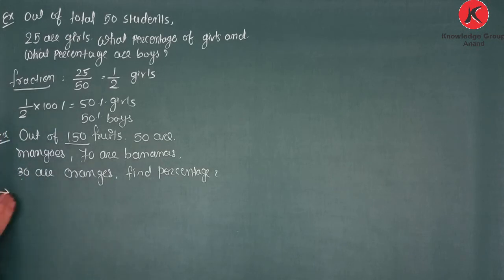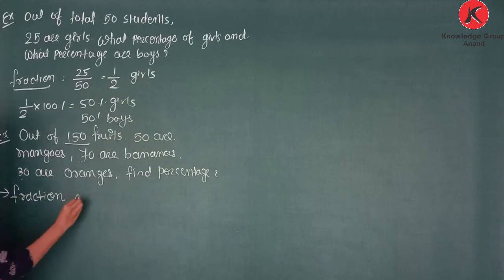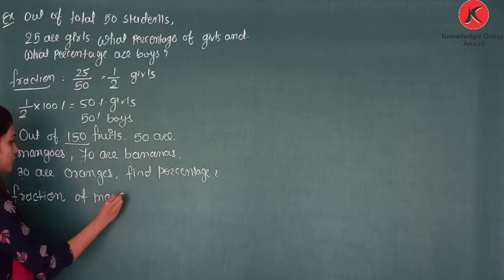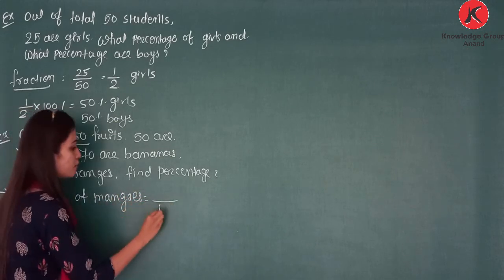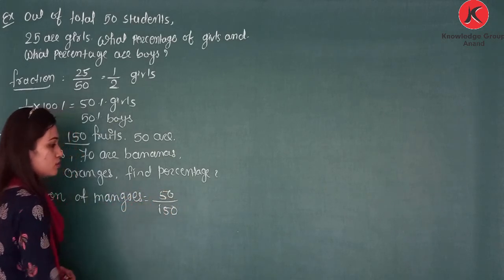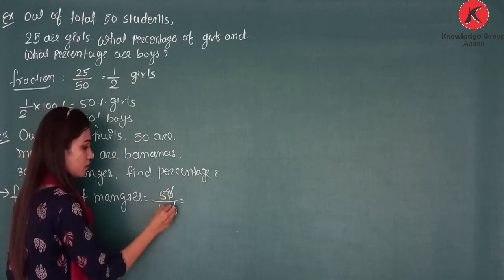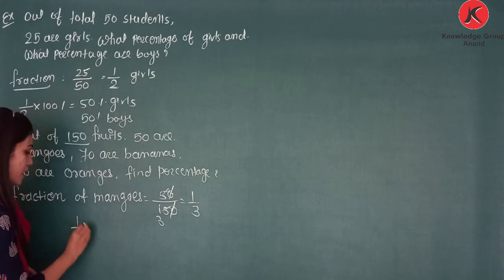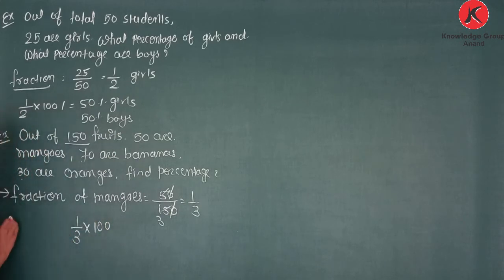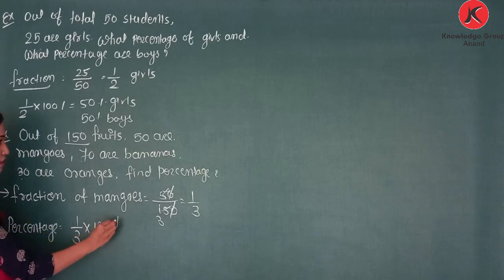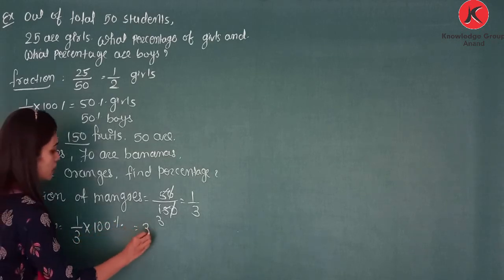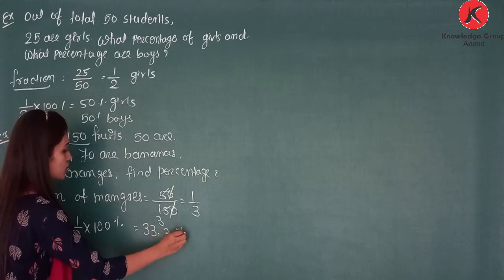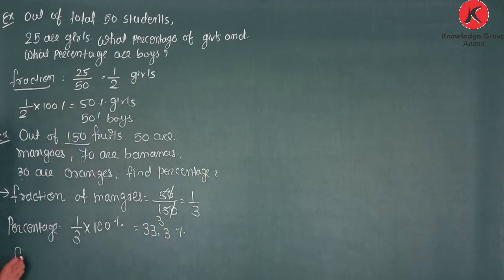So here first we will find the fraction of mangoes. From 150, 50 are mangoes. So that is 1 by 3, and 1 by 3 as a percentage, we need to multiply with 100%. So it is 33.3%.